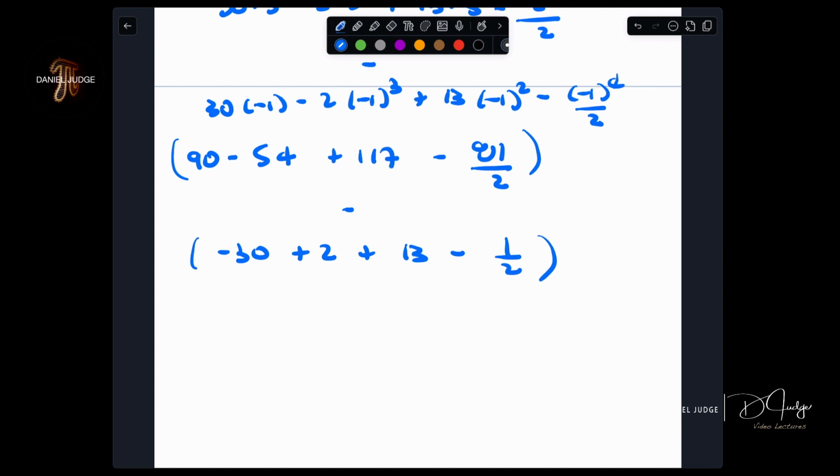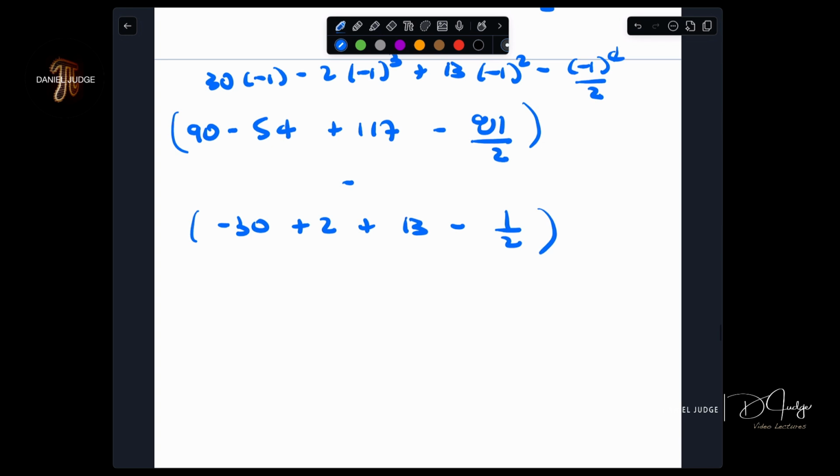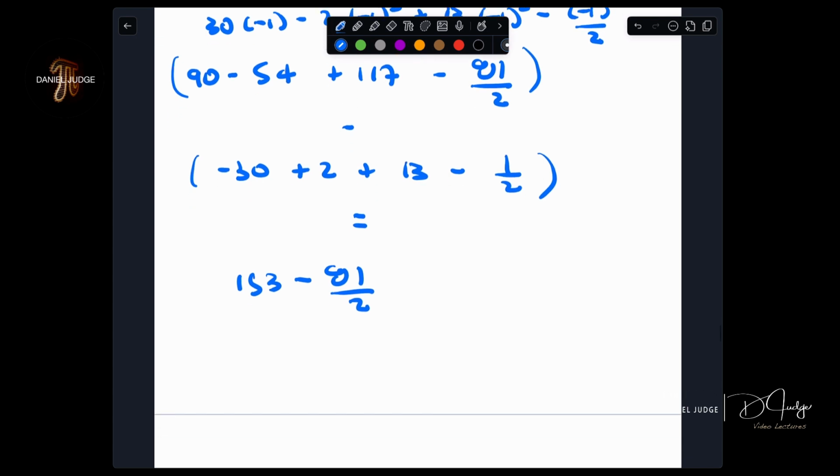Okay, and I'm going to keep it that way. Now, we're going to add the first set of parentheses, meaning 90 minus 54 plus 117. You're going to get 153 minus 81 halves.